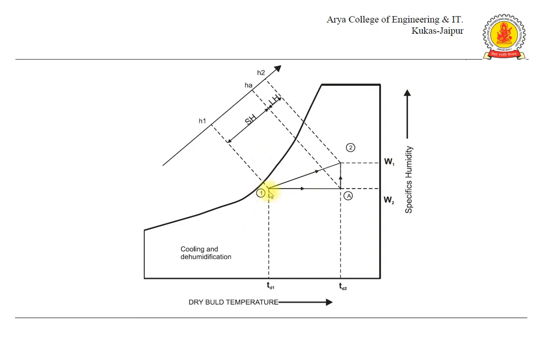It will have two components. 1 to A will be sensible heating and A to 2 will be latent heat absorption by the water. This portion is sensible heating and this portion is latent heat. Net effect will be to raise its energy from H1 to H2.